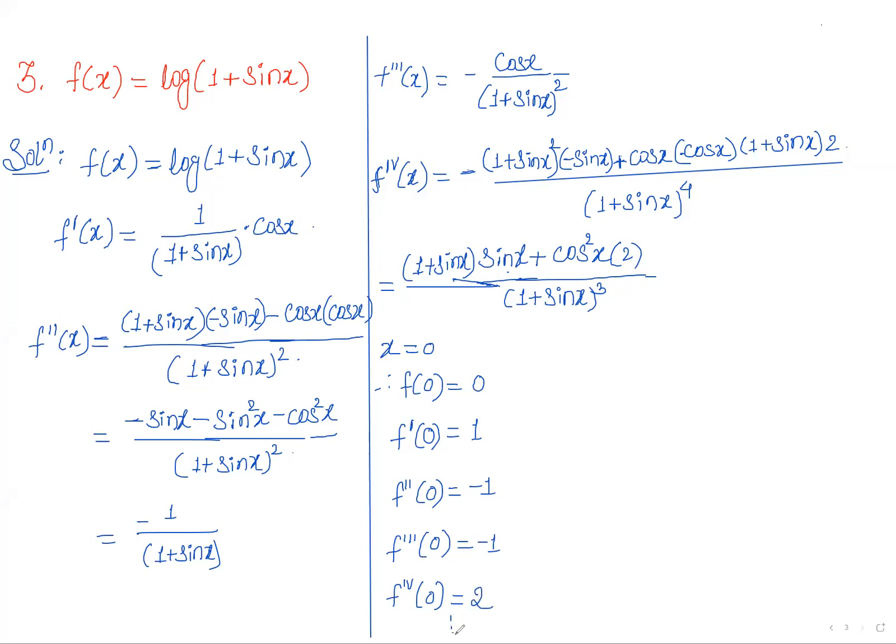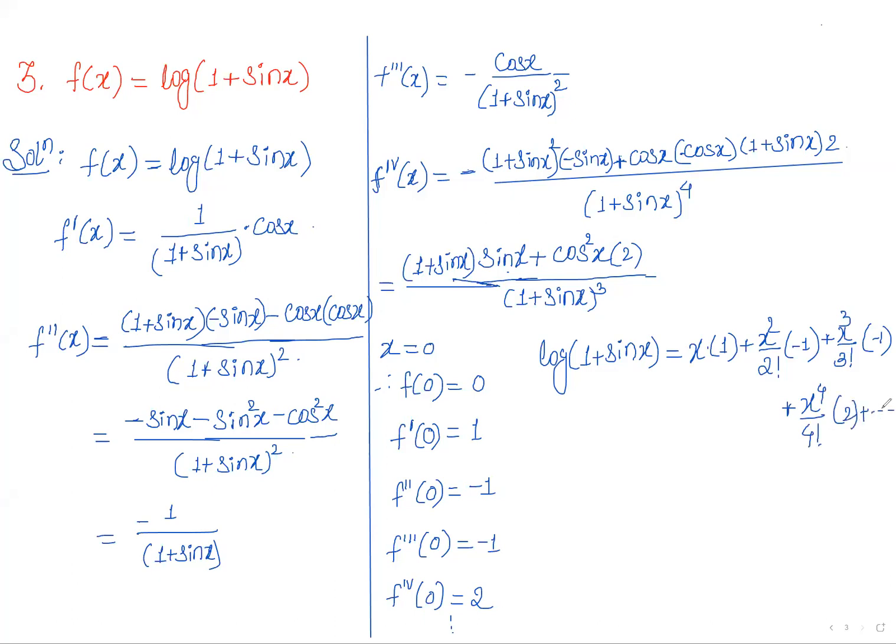And so on. Now by Maclaurin series, the expansion of log of 1 plus sin x is equal to f of 0, plus x into f dash at 0, plus x square by 2 factorial into minus 1, plus x cube by 3 factorial into minus 1, plus x raised to 4 by 4 factorial into 2, and so on.